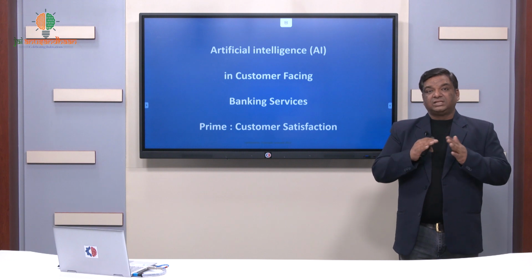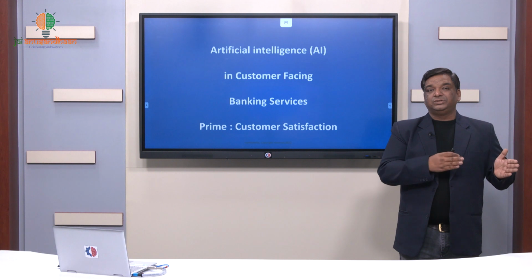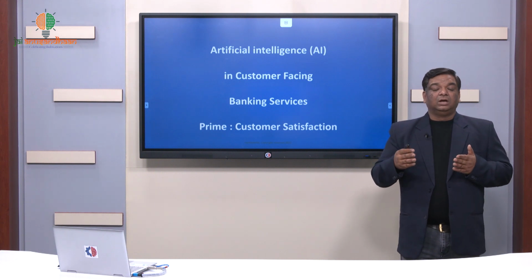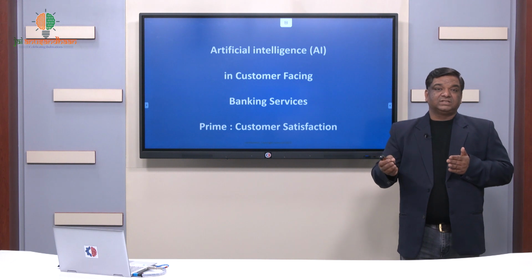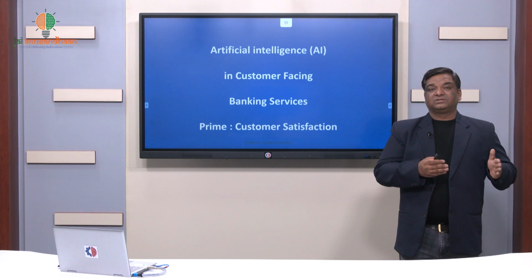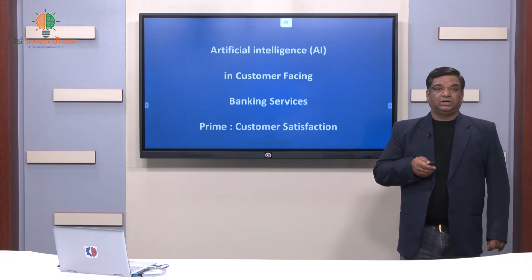But in this talk, I'm going to focus on the customer-facing side, where the bank and the consumer interface. I'm taking this example, but it can be applied to various other sectors where a business interacts with the consumer, and by understanding consumer behavior and patterns, we can come up with the right effective approach.